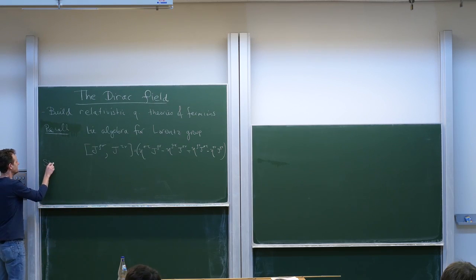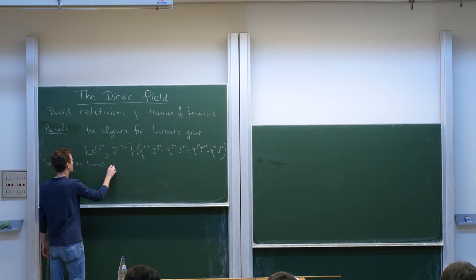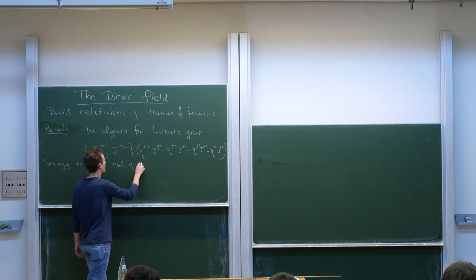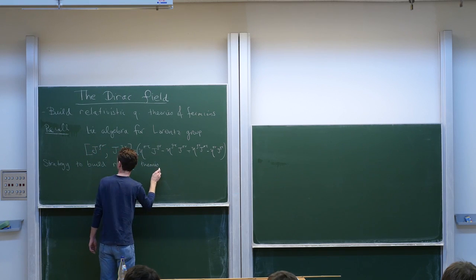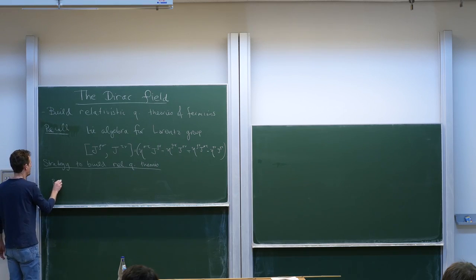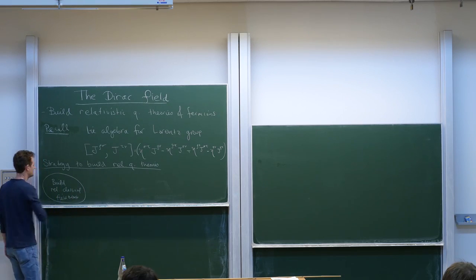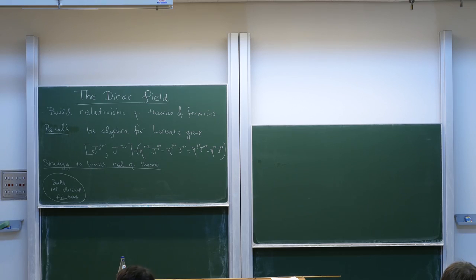And the strategy to build relativistic quantum theories. The first thing is to build relativistic classical field theories, which involves finding representations of this Lorentz group.